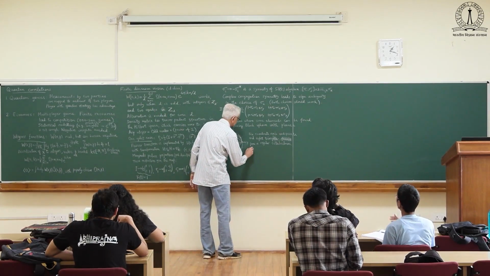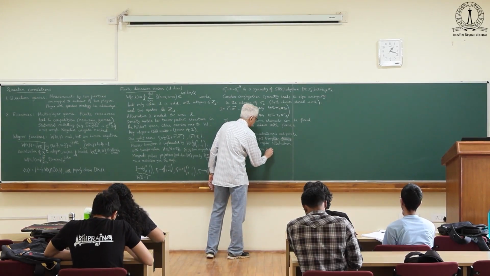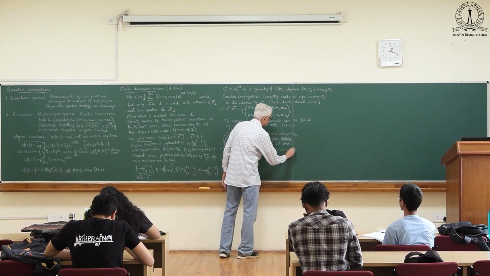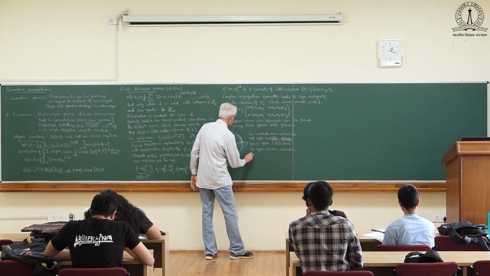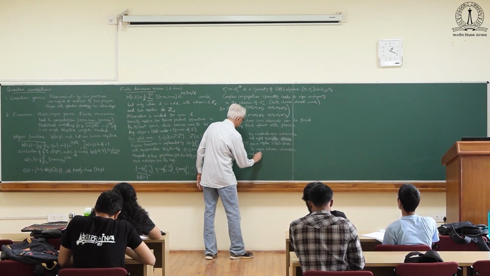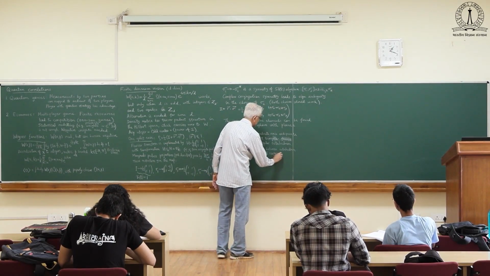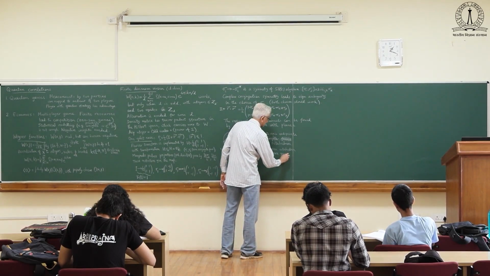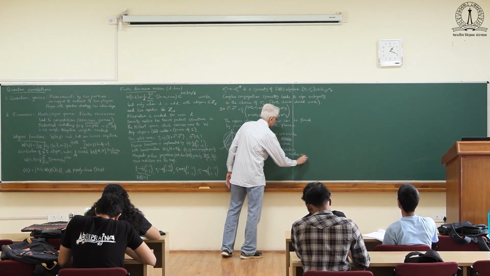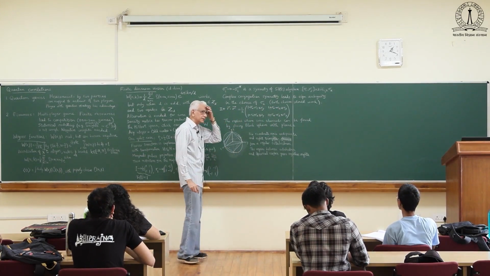So the region between the octahedron and the Bloch sphere, the spherical surface, gives negative weights.